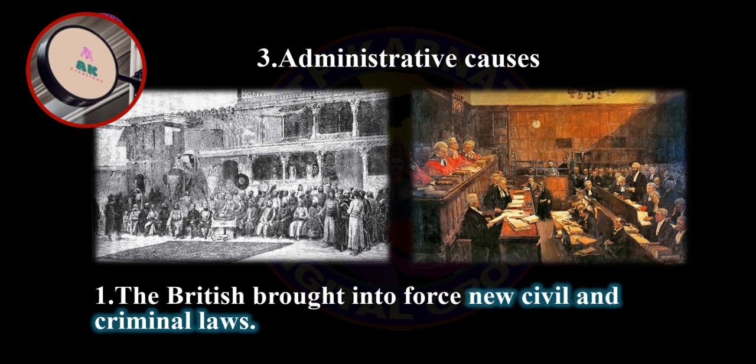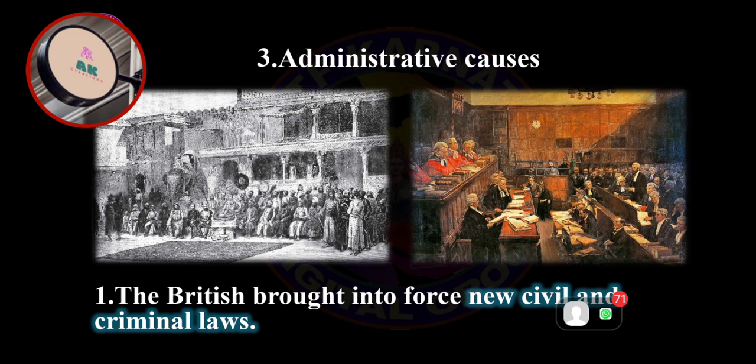So what is the administrative cause? Here you can see the British brought in new civil and criminal laws. I explained to you, right? So civil and criminal laws were started, but those were their own laws. They were not for the Indian people, they were for the Britishers.